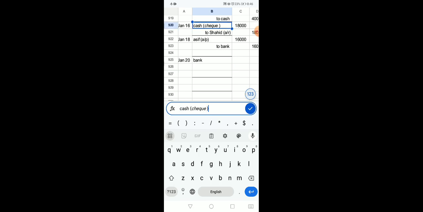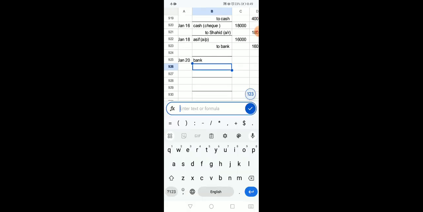Why? Because this was the check you have received and the same check is deposited into the bank. It means your amount in the bank account will eventually be increased when this check is approved.